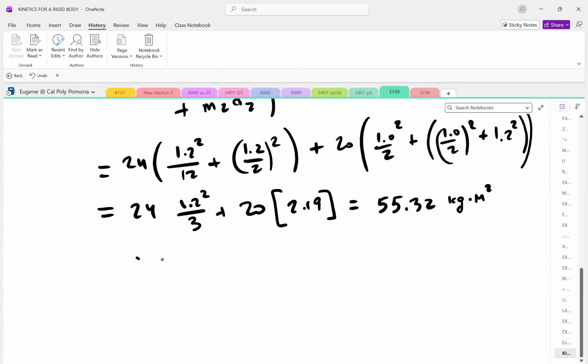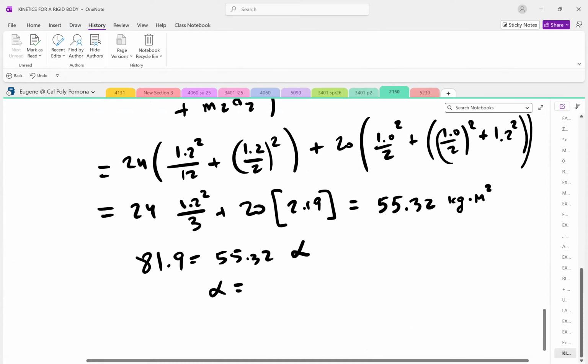So we'll have 81.9 equals 55.32 times alpha. Alpha equals 1.48 radians per second squared.